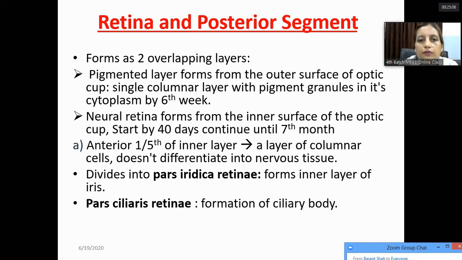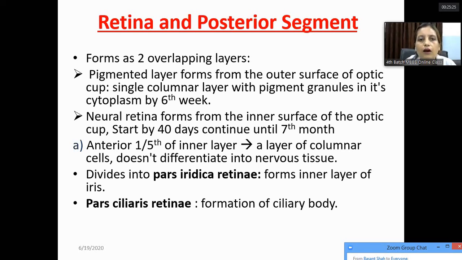The anterior 1/5 of the inner layer, the layer of columnar cells, does not differentiate into nervous tissue and divides into two parts: pars caeca retinae from the inner layer, and pars ciliaris retinae, which forms the ciliary body.